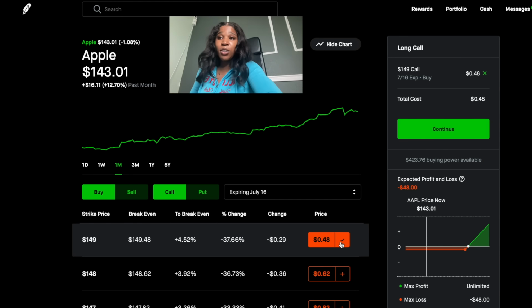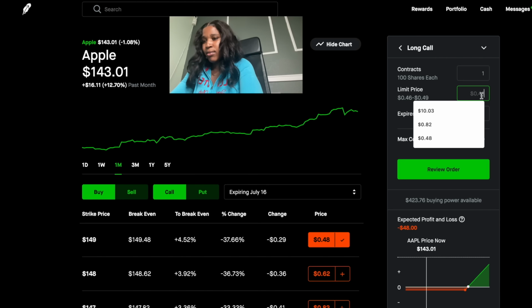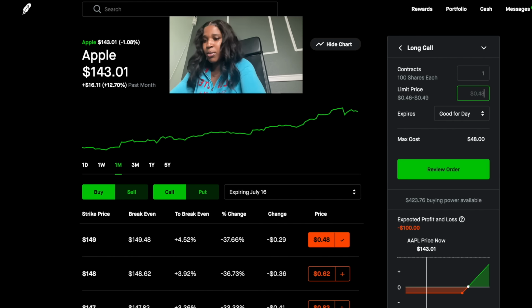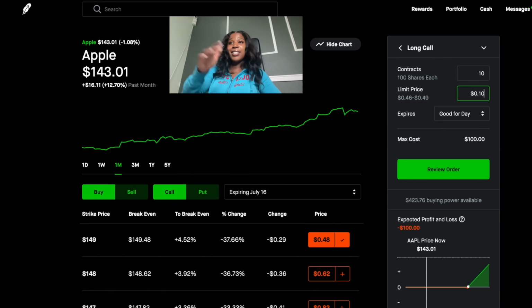So just to mess around a little bit more with the numbers to show you, I'm going to put this at 0.01. So let's say I buy 10 contracts worth $10, but I'm going to put it worth 10 cents. So I spent $100. Let's say this contract decides to go ballistic and it runs up to 50 cents.